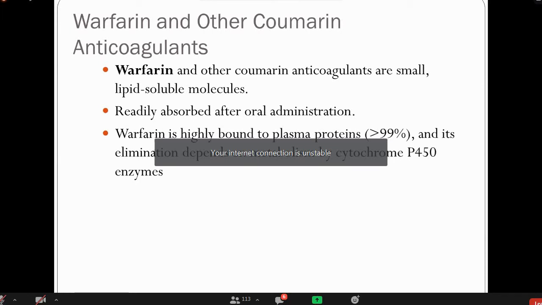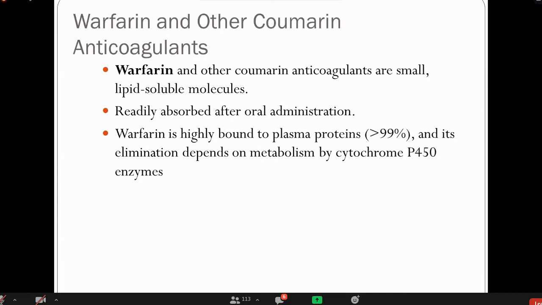Warfarin and other coumarin anticoagulants, and this is one of the drugs that is asked commonly. So basically warfarin is a coumarin derivative. So sometimes in the exam, in the MCQ, the examiner just mentions the word coumarin. If there is the word coumarin, definitely they are going to ask regarding warfarin.